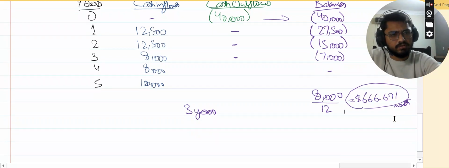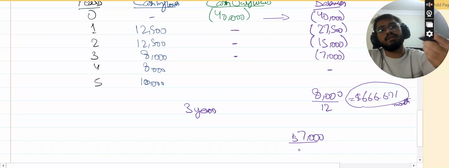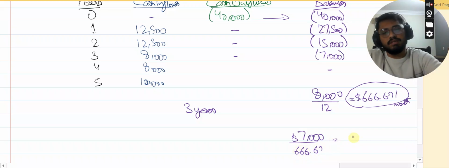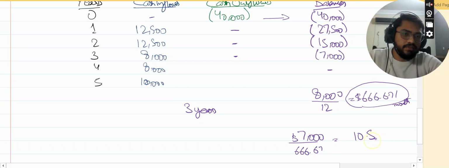For each month we generated this amount, $666. Okay, and how much do we need? We needed $7,000. So let's divide these both numbers in order to identify the number of months it took to recover this investment. 7,000 divided by 666.67 comes up to 10.5.